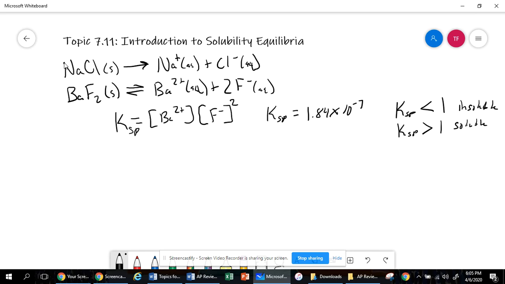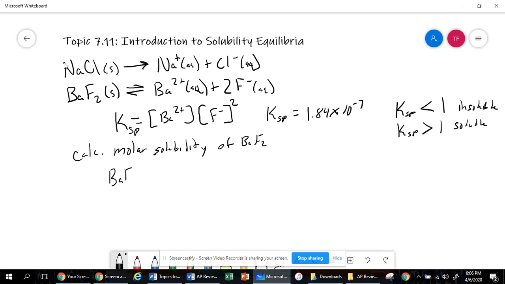So if we can figure out how many barium ions are in a solution per liter, then we know how many barium fluoride formula units dissolved in that solution. So we are going to calculate the molar solubility of barium fluoride, BaF2. To do this, we're going to use an ICE table.